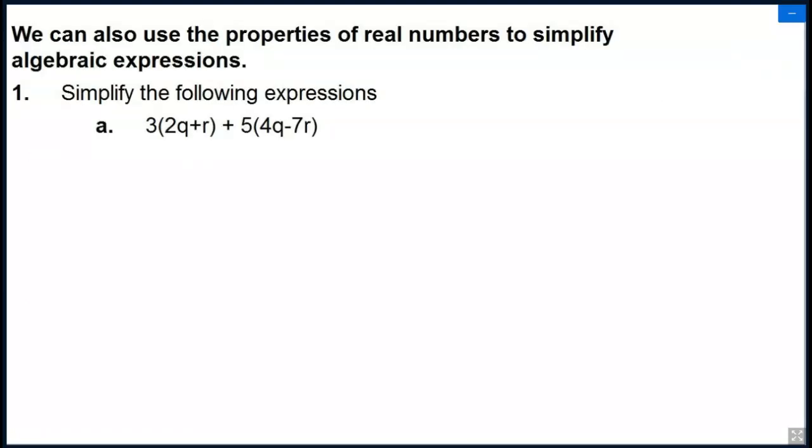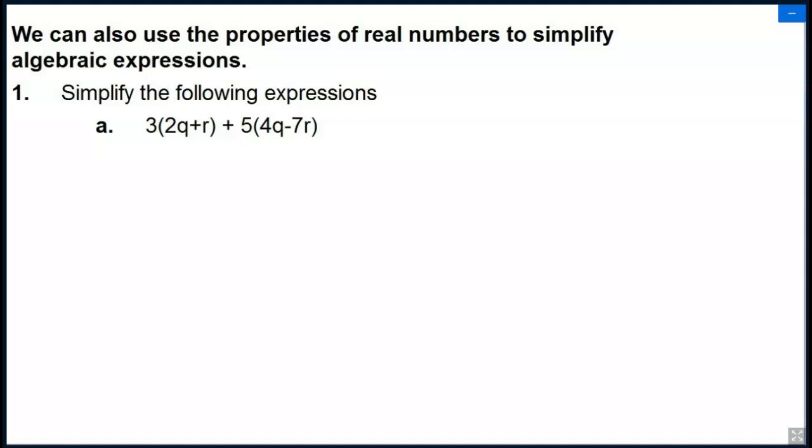The last part of lesson 1-2 is to simplify expressions by combining like terms using the distributive property that we just talked about with word problems. So here again, this is the same sort of idea. Is it easier to distribute and then combine, or combine then distribute? In this case, we need to distribute in order to combine the Q's and the R's.